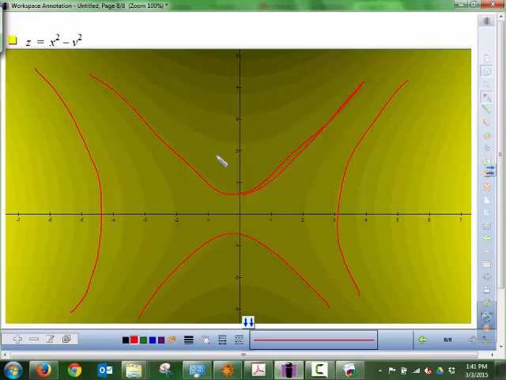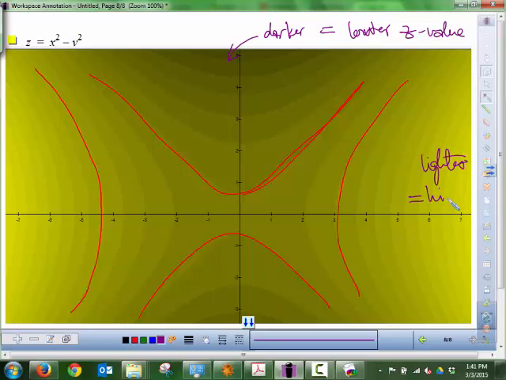And then what happens here in the darker places, lower z value. So the darker places have a lower z value, and then the lighter places give you a higher z value. Yeah, so it's showing, if that's how you want to define density, like the height of the z value, then the lower density is darker, the higher density is lighter.